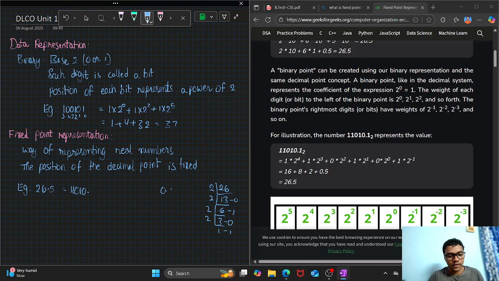And this is 0.5 remaining. For decimals, you do the multiplication: 0.5 times 2 is 1.0, so that gives 1. So 11010.1. Because you got 0 after the decimal.